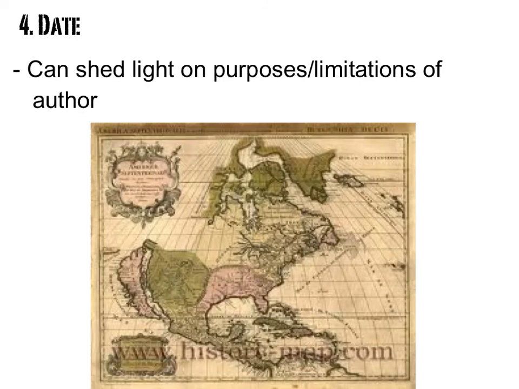For instance, if this map in front of us right now were to be produced by someone in, let's say, 2014, we would say, wow, this person has no grasp of geography. But based on the fact that they have no idea about the existence of Seattle, and they think Baja California is about as big as Mexico itself, you can tell that they were probably making this map several centuries ago.